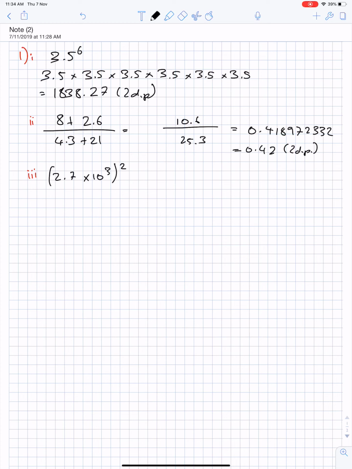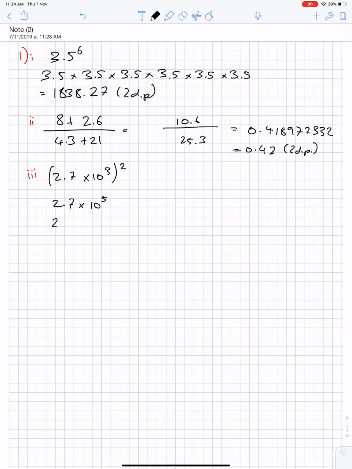Now remember, when you've got it in brackets, when you're multiplying two powers together, you add them together, so it will be 2.7 times 10 to the power of 5. And that's just asking you to put 5 zeros on it.